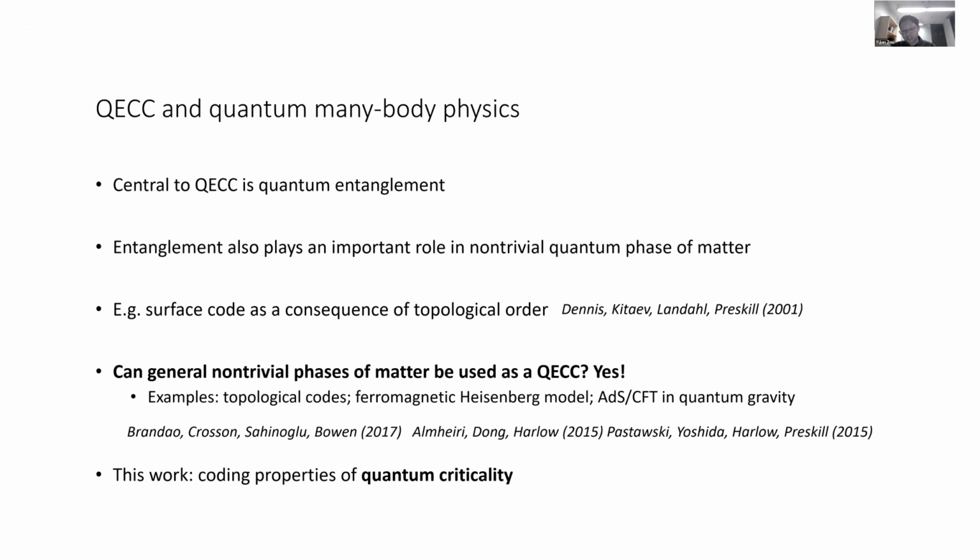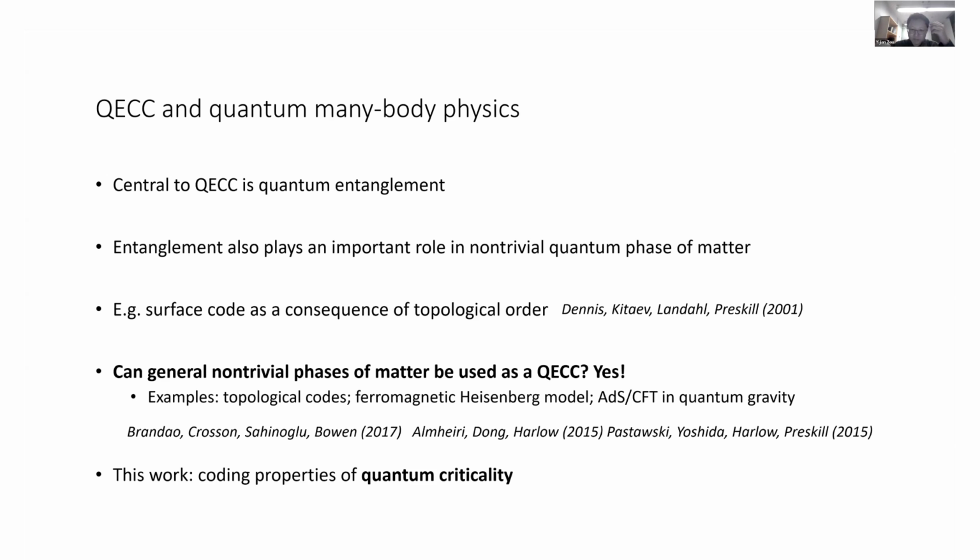Yeah, and the answer is yes, and it's actually studied in the past literature. Not very extensively, but there are many examples explored. For example, the ferromagnetic Heisenberg model has been studied, and also holography, if you know about that. It's a theory of quantum gravity. It's also a quantum error correction code in disguise.